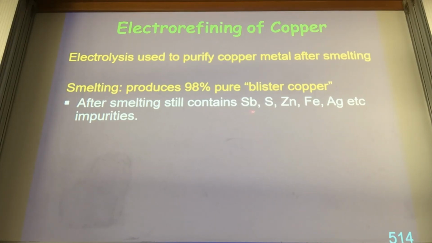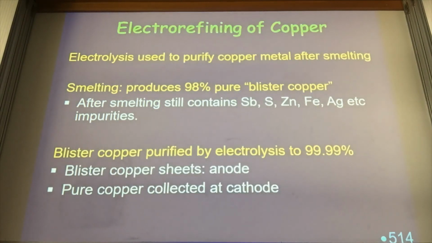So we've got to get rid of those impurities, which are elements such as those listed there. Some non-metals, some reactive metals, some less reactive metals. So what we use is an electrolytic process, and that gets it to, as it says, 99.9% pure.